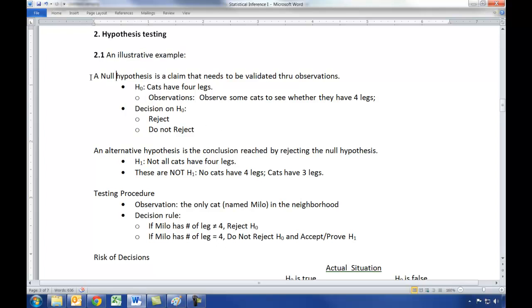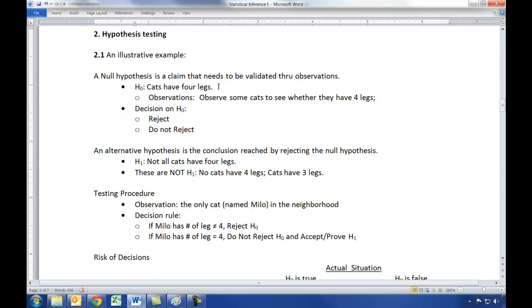The null hypothesis is a claim that needs to be validated through observation. For example, I can make a claim here, which is cats have 4 legs, and this can be a null hypothesis. We use H sub 0 to represent a null hypothesis, and it is pronounced as H null.